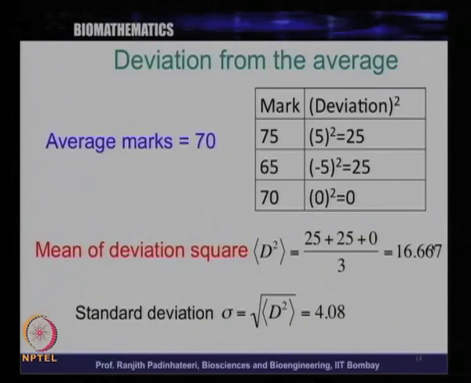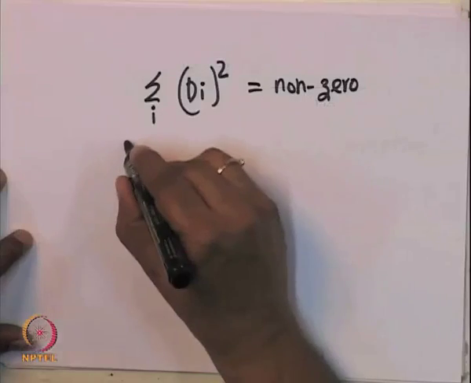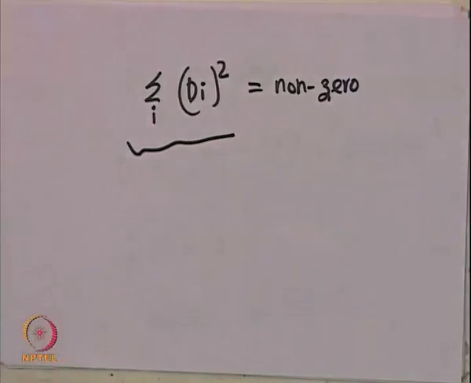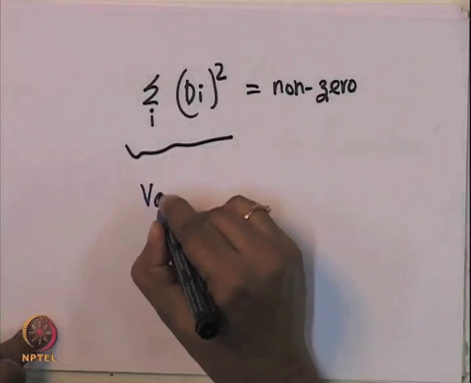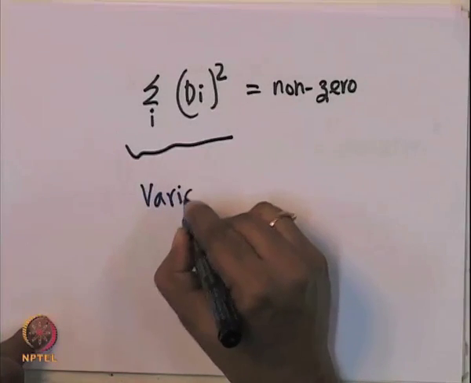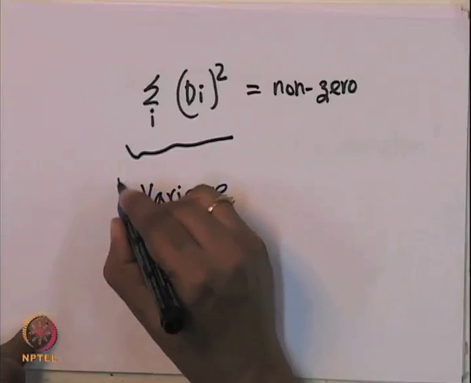So the mean square deviation is some positive quantity. This mean deviation square is known as variance. This is very often used in statistics, so this is called the variance.